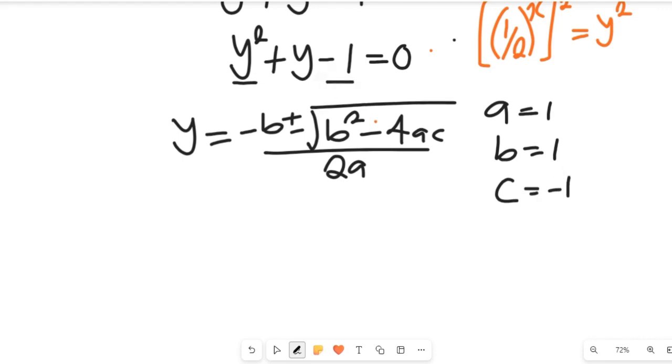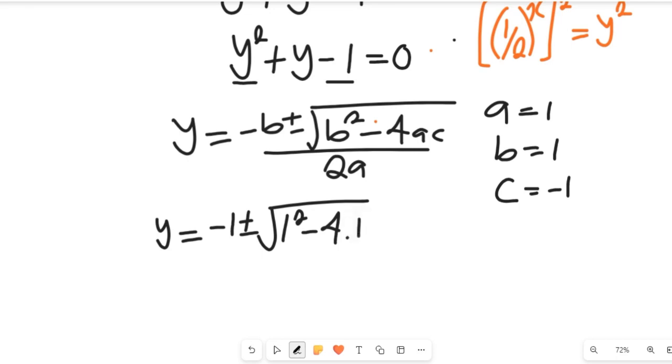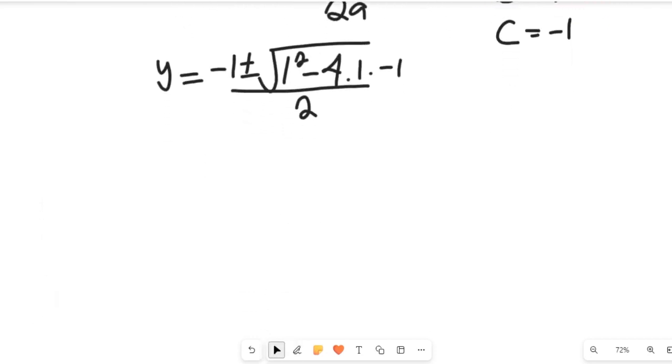So let's substitute into the formula in order to get the value of y. That will give us negative 1 plus or minus the square root of 1 squared minus 4 multiplied by 1 multiplied by negative 1, all divided by 2 times 1, which is 2. If we simplify that, y becomes equal to negative 1 plus or minus the square root of 1 plus 4.